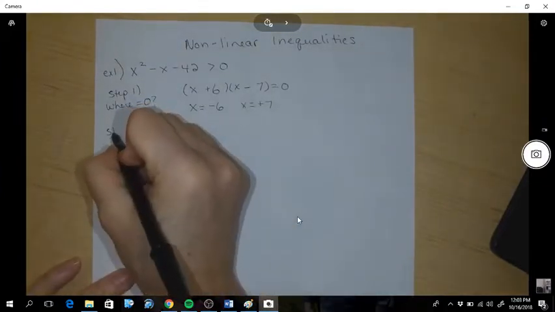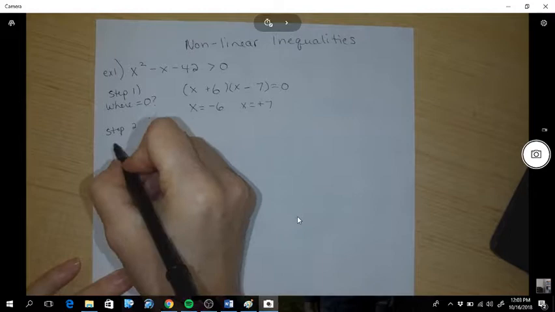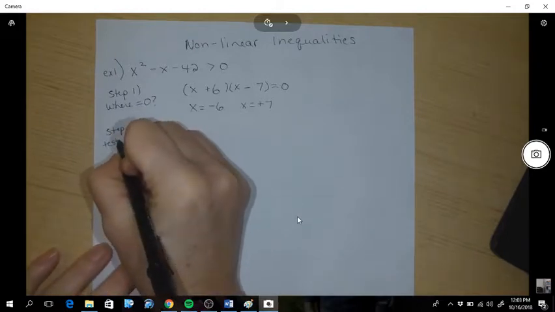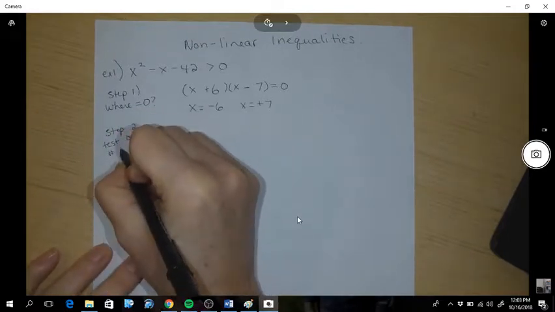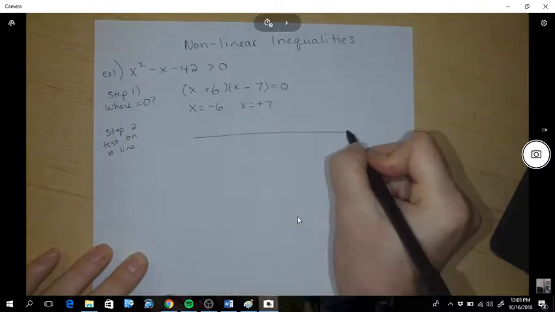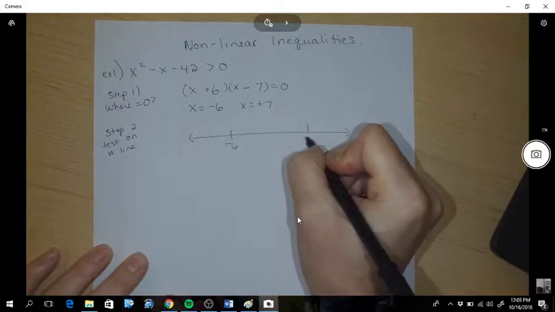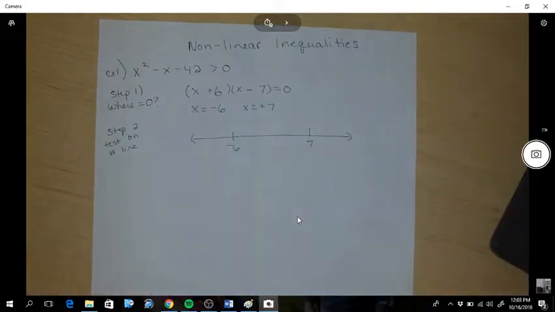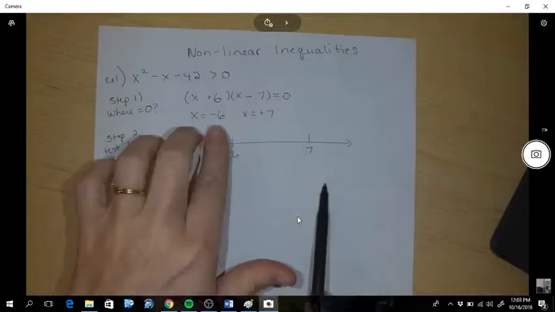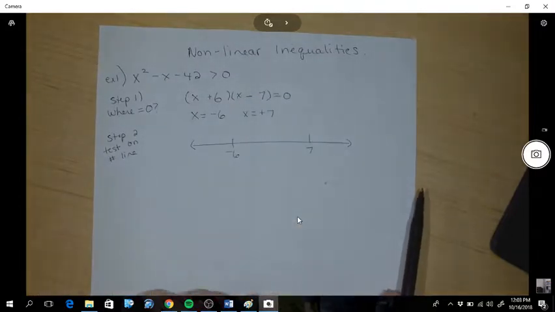Okay, step 2 is to test on a number line. So I'm going to put negative 6 and 7 on a number line, and I'm going to test each region. So here, in the between, and here.